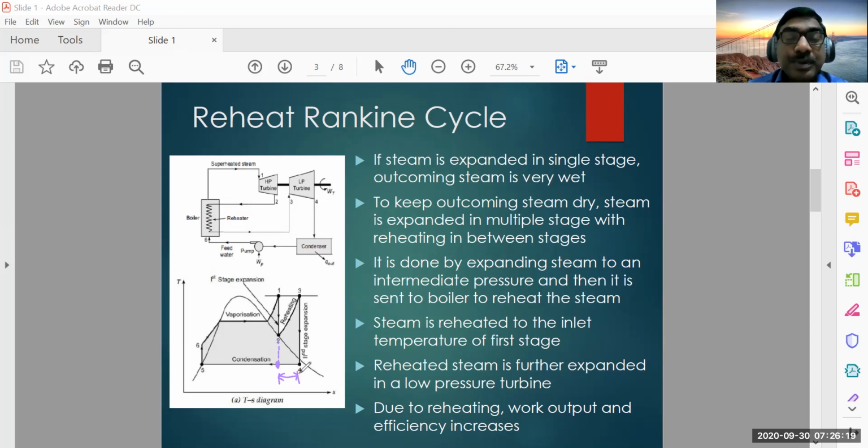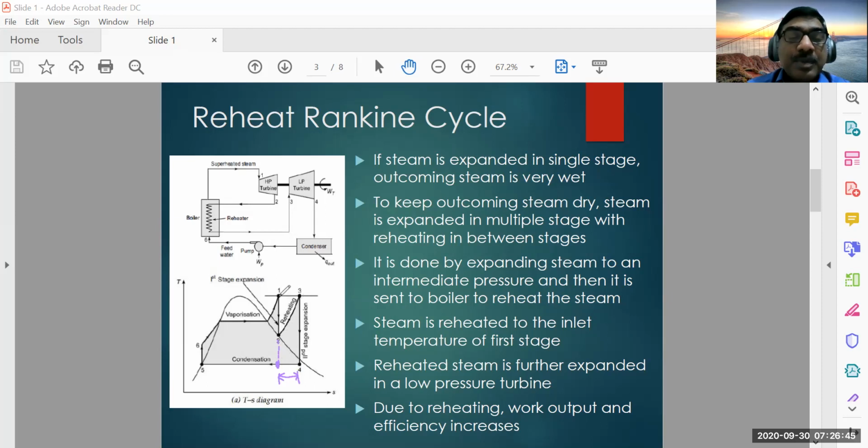I will explain in another presentation. So here what you have to understand is basically from 1 to 2, if the steam is expanded directly to the condenser pressure, the moisture content is going to be very high. So instead of doing that, we are reheating the steam.